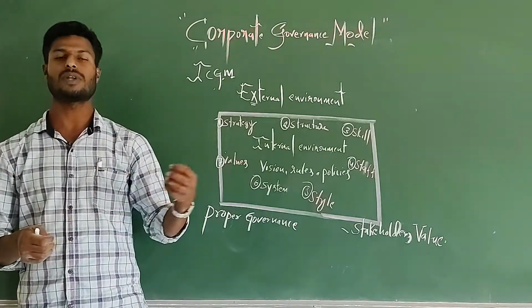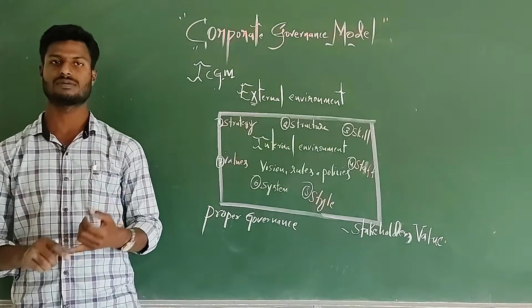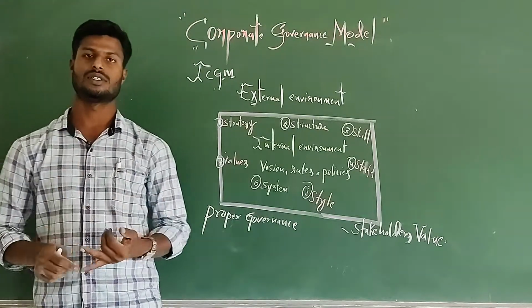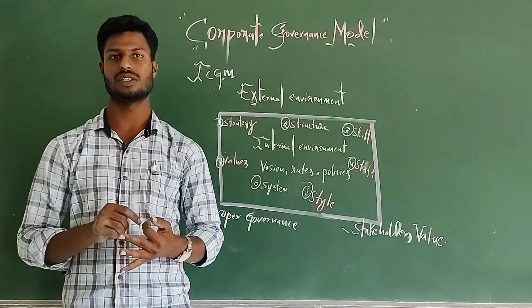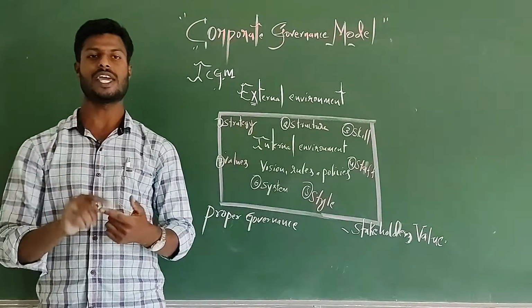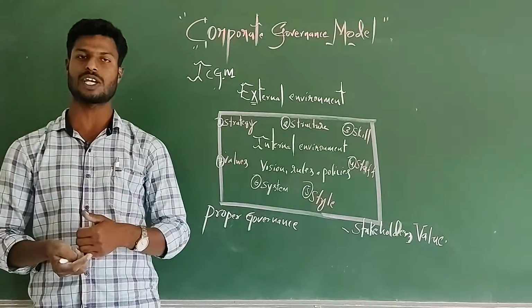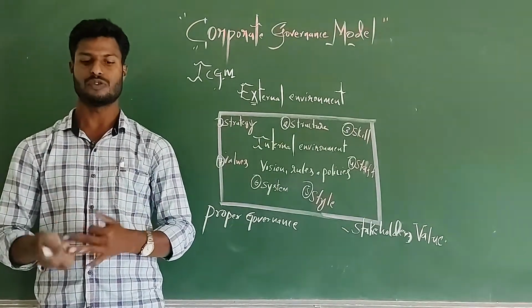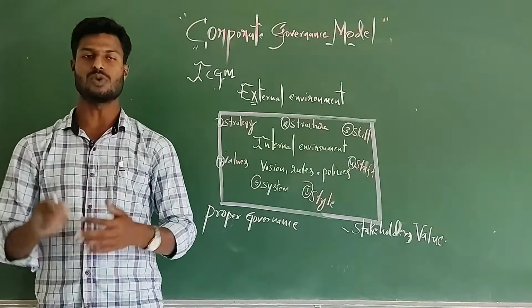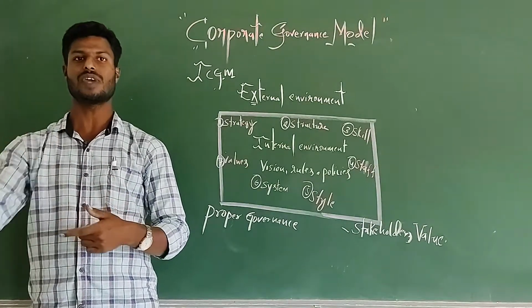Dear students, corporate governance is very important to reach goals and objectives for long run sustainability of the business, for wealth maximization, for the expansion of business, for the diversification of business, to get market leadership, to increase market share, for the global mindset, to introduce business activities in new areas.